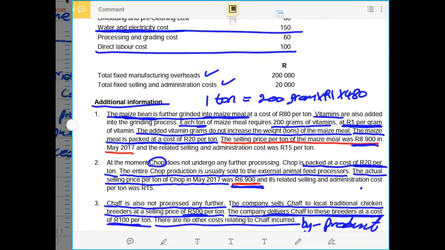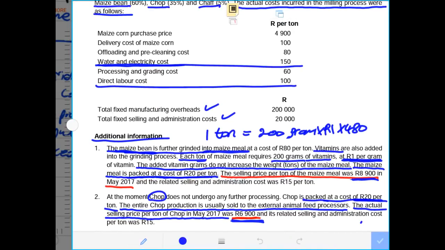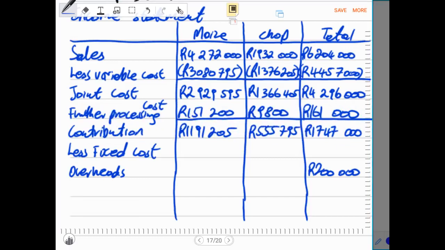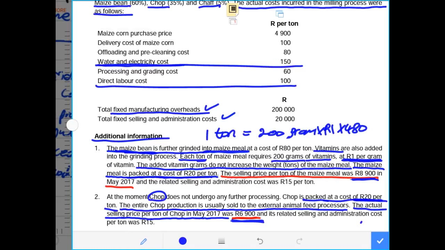It was fixed manufacturing overheads. And our fixed overheads are not given for each product, they are just given in total. It is 200,000 rands in total.